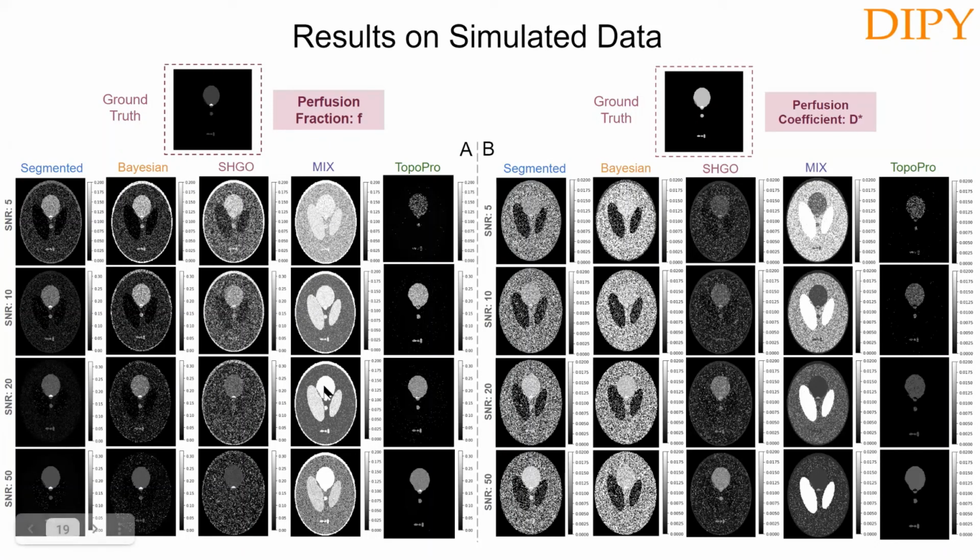Often there is overestimation, or it is underestimated by some of these methods. For example, the segmented method shows really good performance at SNR 20, 50, and 10, but then the perfusion fraction estimated by it is really wrong. Everything is just noisy, right from SNR 5 to SNR 50.